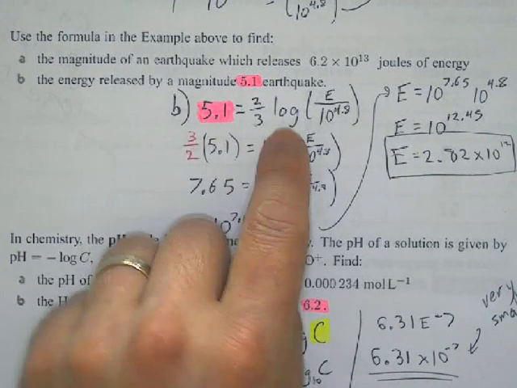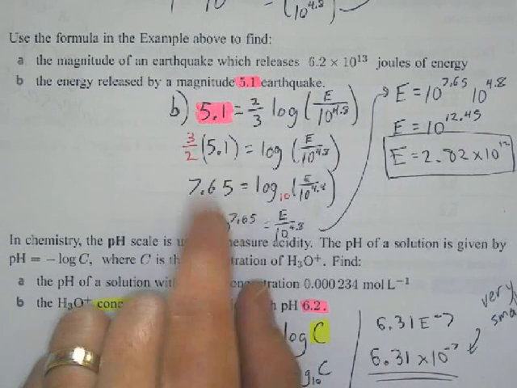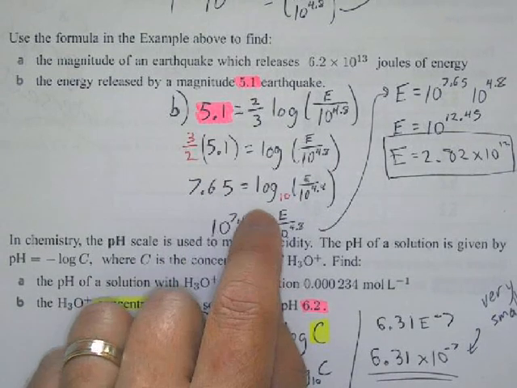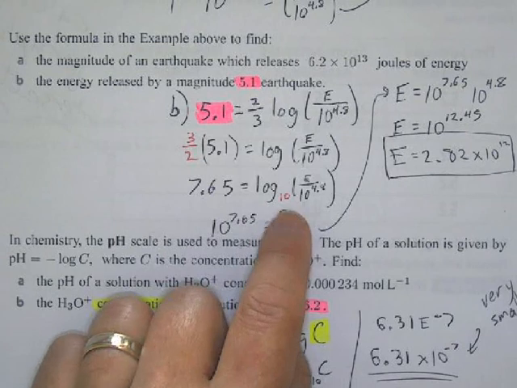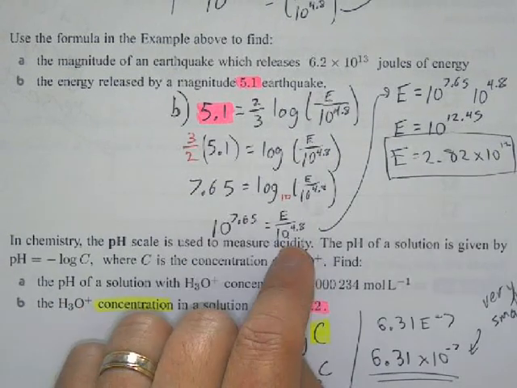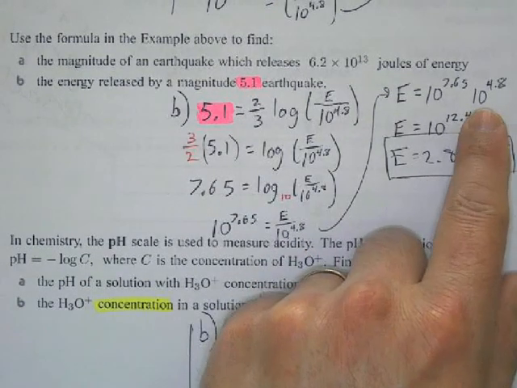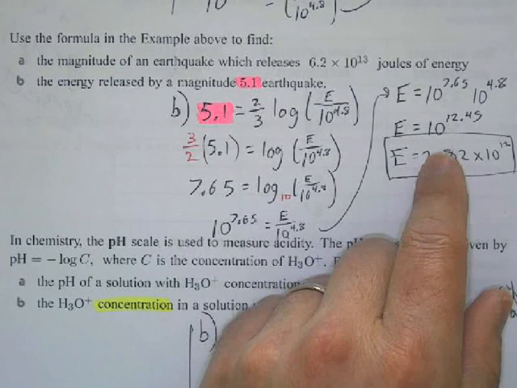We multiplied 3 over 2 on both sides. 3 over 2 times 5.1 gives me this value, and then I'm converting it to exponential form, so I have 10 to this power is going to be equal to the stuff in the parentheses. Then we multiplied 10 to the power of 4.8 on both sides. Then I could add the powers together, and then we simplify there.